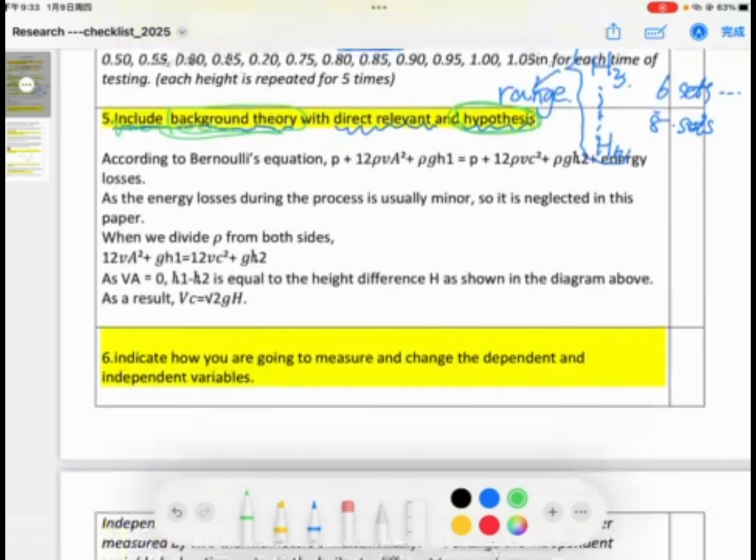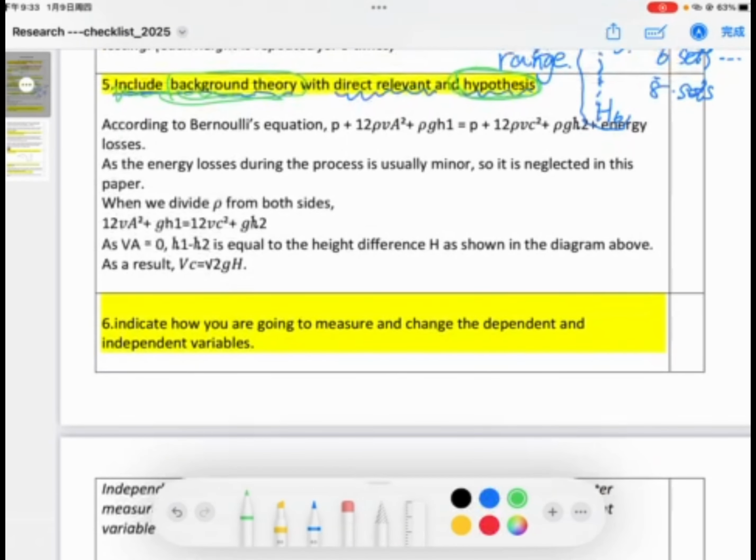But here, for a good IA, a hypothesis should be based on theoretical derivation.